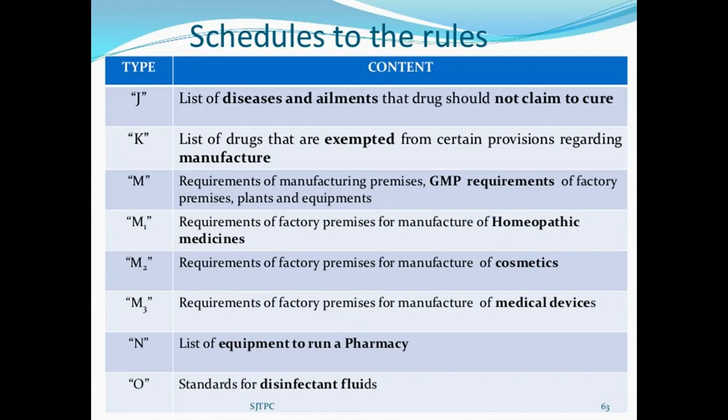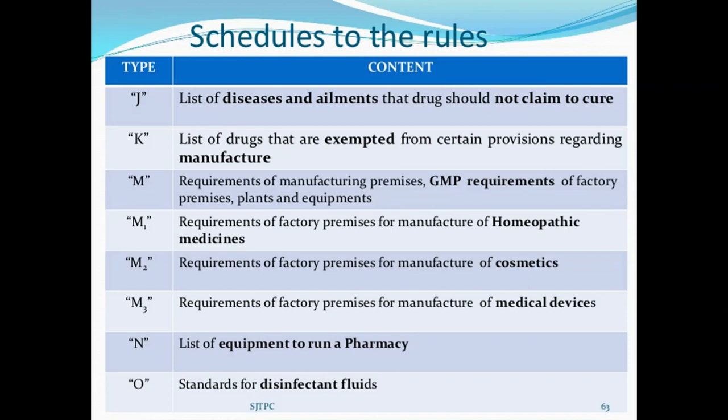Then Schedule M is important. Schedule J is important. What is Schedule J? You can go through the list of diseases or ailments that drugs should not claim to cure. There are some diseases in Schedule J which drugs cannot claim to cure.